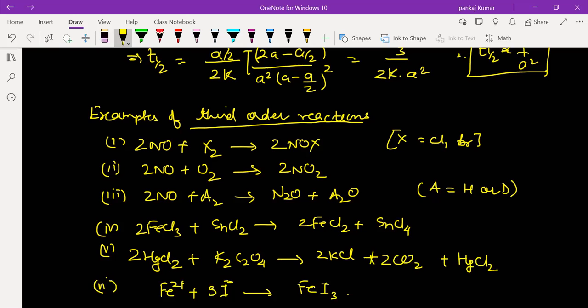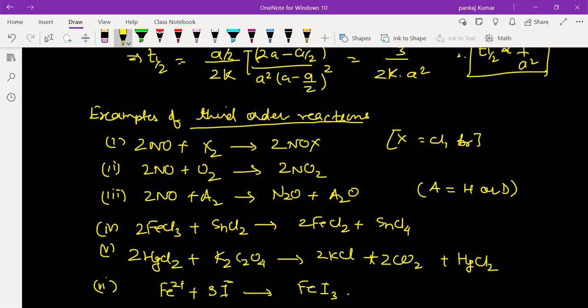So half-life for the zero order reaction, how much? Remember, 1 by 2k something was there. Half-life for zero order reaction was initial concentration A by 2k, right? A by 2k. But for first order reaction, 0.693 by k only.